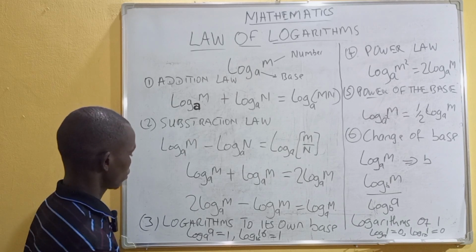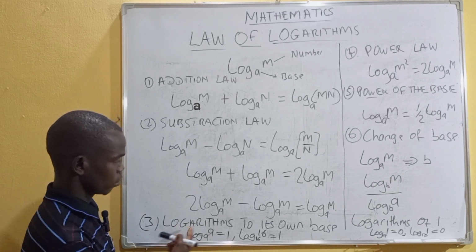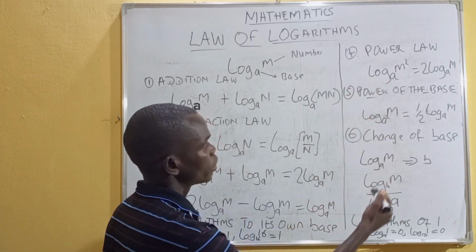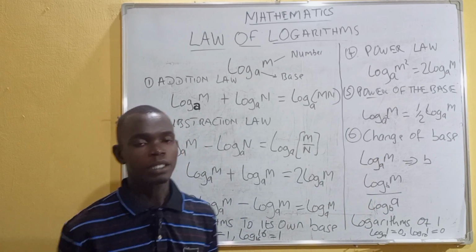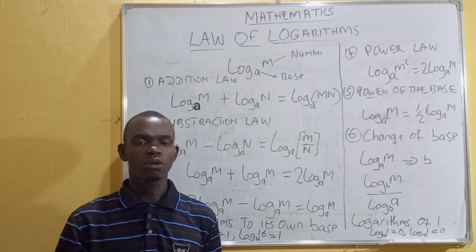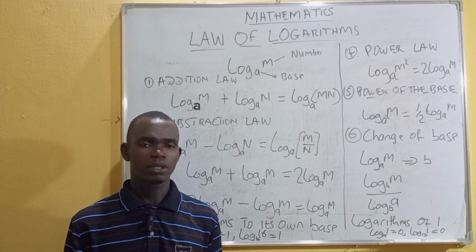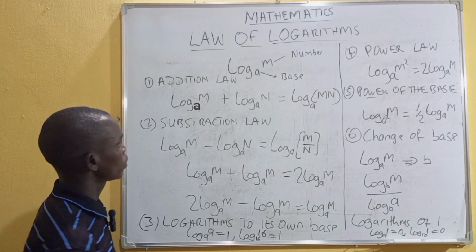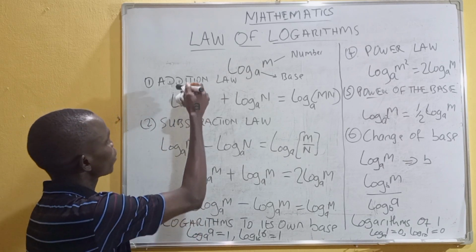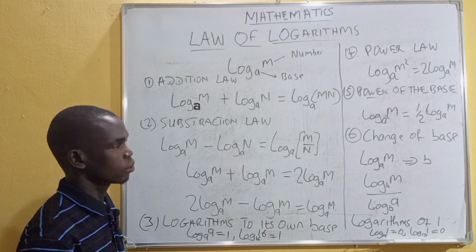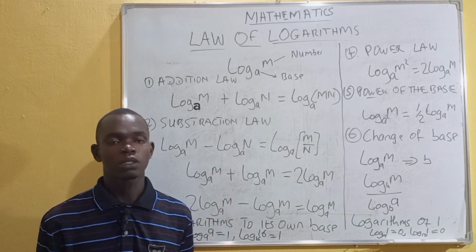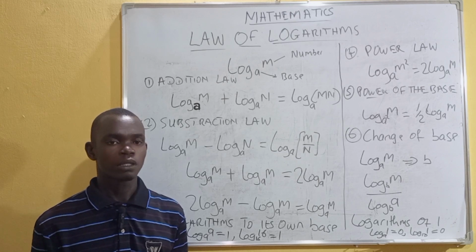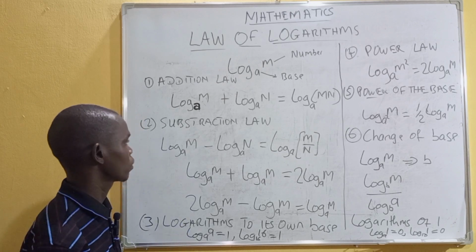While these other laws, which are logarithm to its own base, power law, logarithm power of the base, and change of base, are used to eliminate log in a logarithmic expression. And I also told you earlier that for the law of addition and subtraction, we can also use the basic mathematical concepts of addition, subtraction, and division.